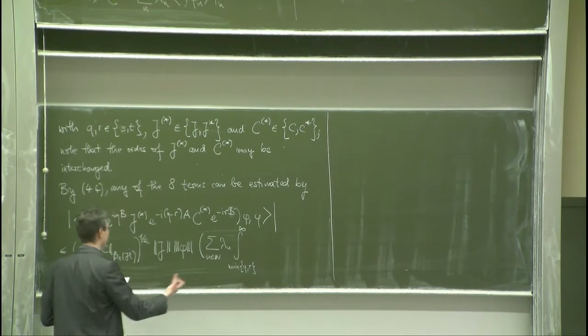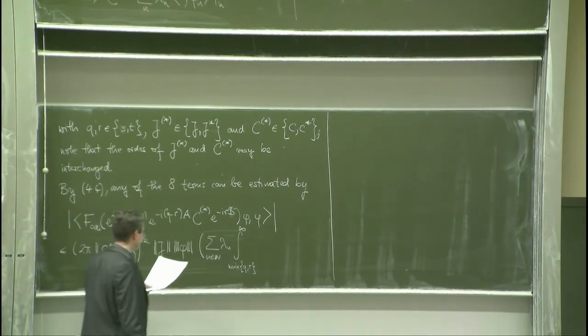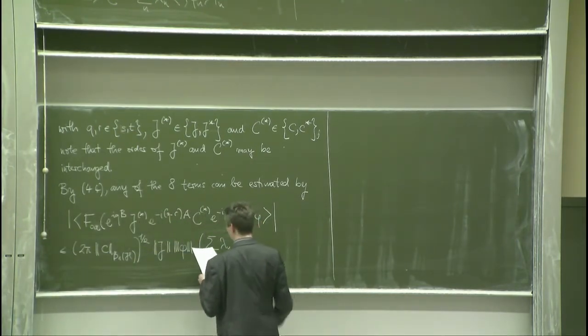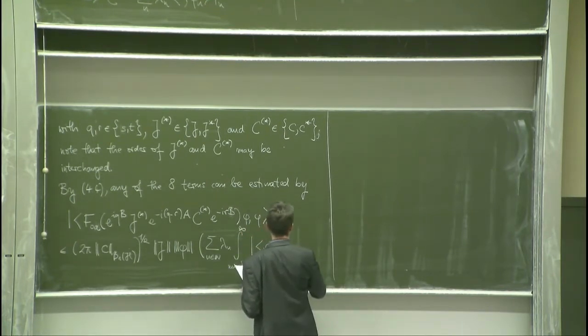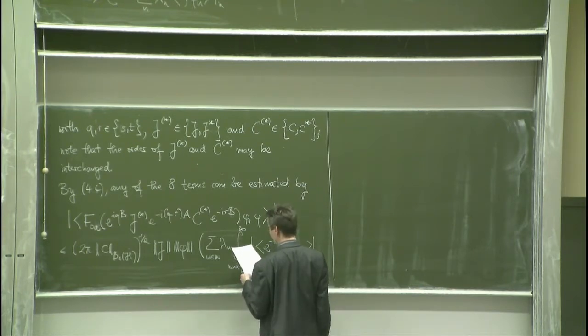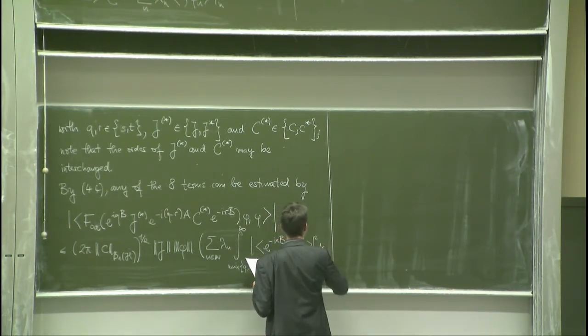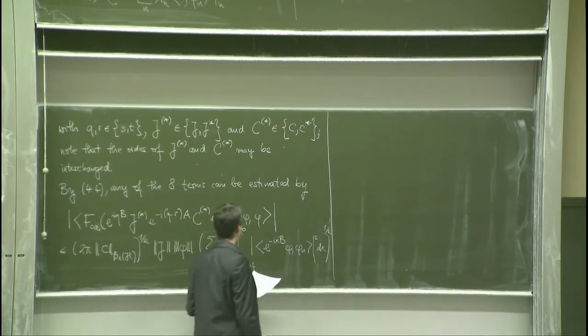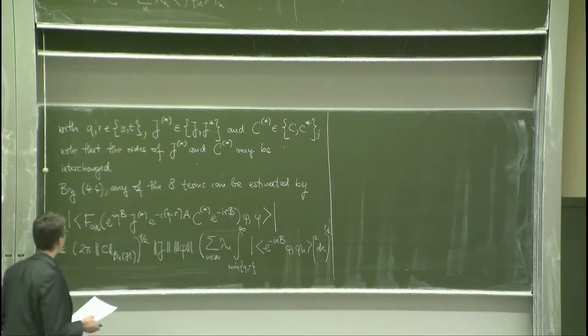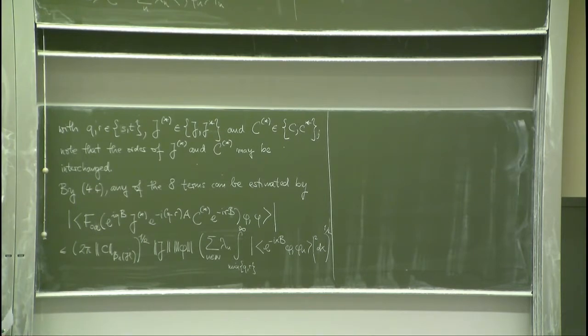This gives an appropriate estimate of the absolute value of exponential minus I xb phi n to the power of 2 dx and the square root of this. This is simply the application of step number 3 to the object that we have found now.